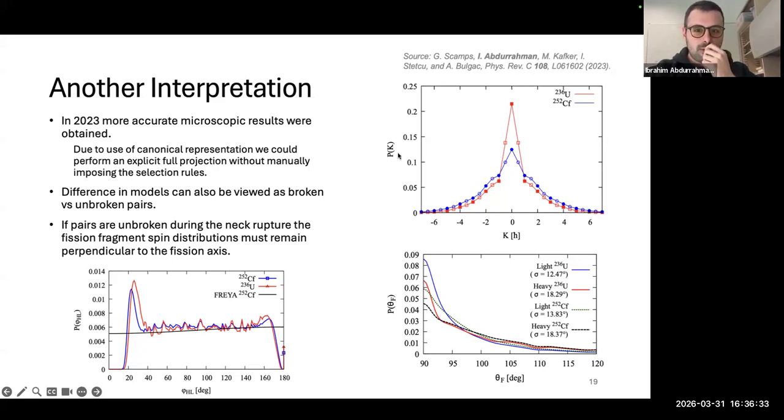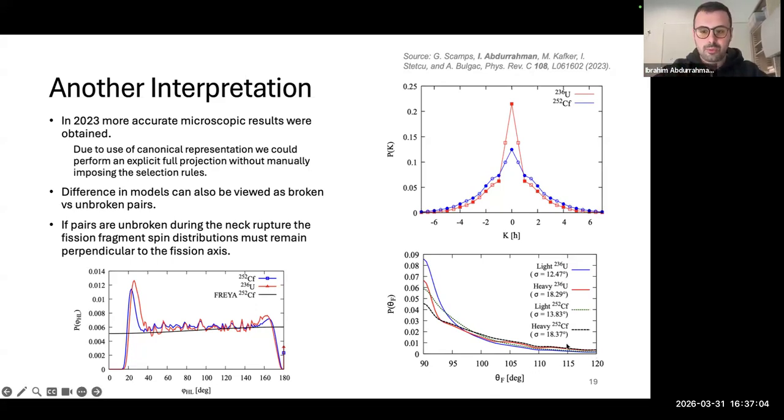What's shown here on the right, let me actually pull your attention to the bottom right plot. This shows the probability of your angle being away from the fission axis. So if you're at 90 degrees, that means both of your vectors are perpendicular to the fission axis.